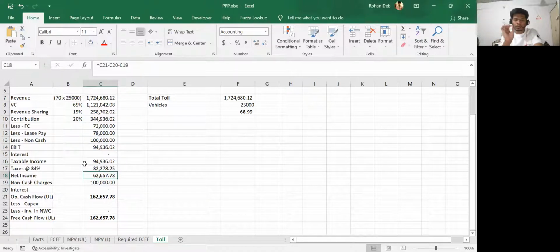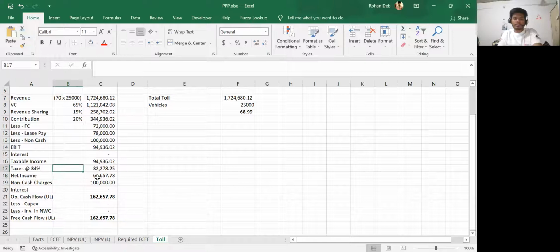So from your net income, depreciation had been added back, so now when I'm calculating net income, I'll reduce this. So this is basically 1,62,000 minus 1 lakh, which comes to 62,657.